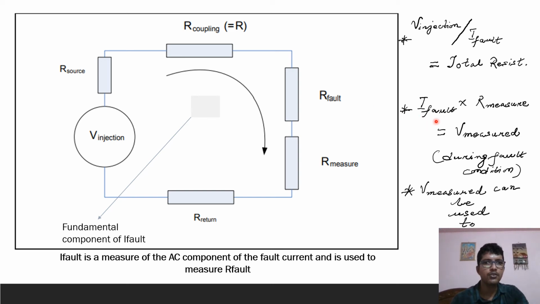Now, I fault is known to me, R measured is also known to me. The product gives me V measured. So V measured can be used for some sort of relay pickup, etc. Right. So that much only, a very simple analysis of rotor earth fault. But just remember that this analysis is valid in fact for a first rotor earth fault.